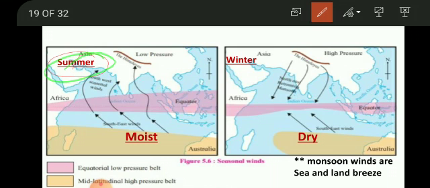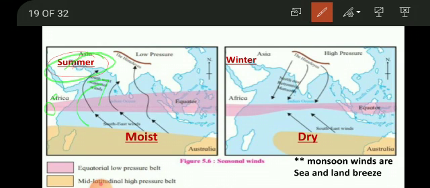This is the sea. Here we know 0 degree is the equator, and here is the mid-latitudinal high pressure belt. Here at the equator is the low pressure belt. So during summer, the winds are blowing from sea to land. In this way they are blowing.